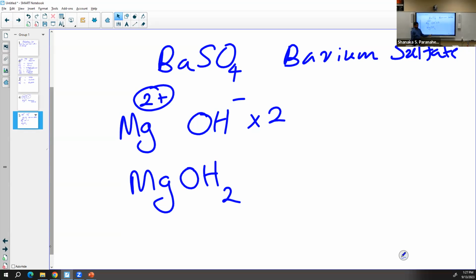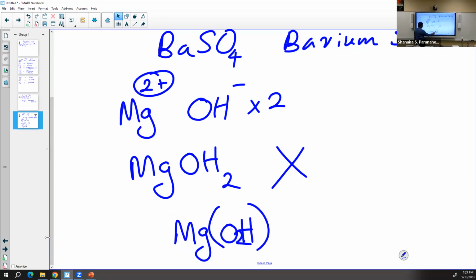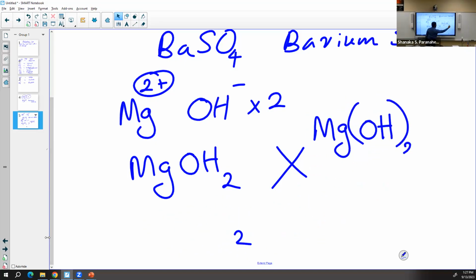So don't write it like this because it is wrong. If you have more than one polyatomic group, it has to be within parentheses. You group the polyatomic group and write 2 outside of the parentheses like this. This is the correct way to write it.